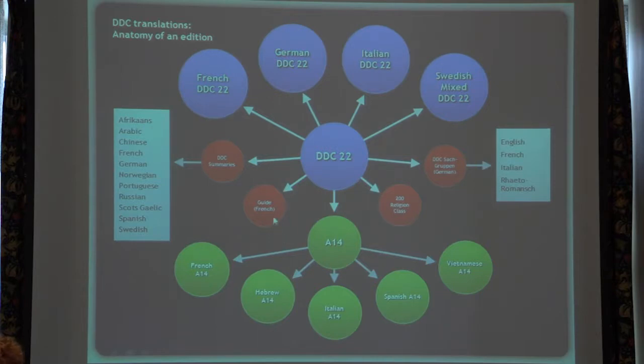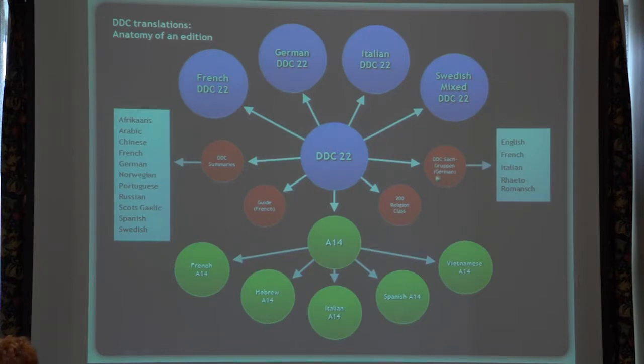Another extraction was taken by Annie Bettery, who is associated with the French book industry and develops a specialized abridgment of the full edition for LIS students and people in the French book industry called the Guide. And it's a customized abridgment of DDC 22, but it's a true abridgment. It's just different than our abridged edition.